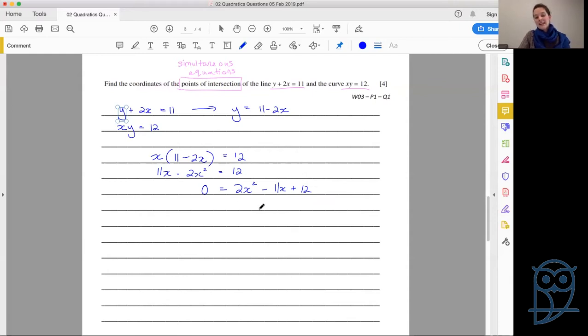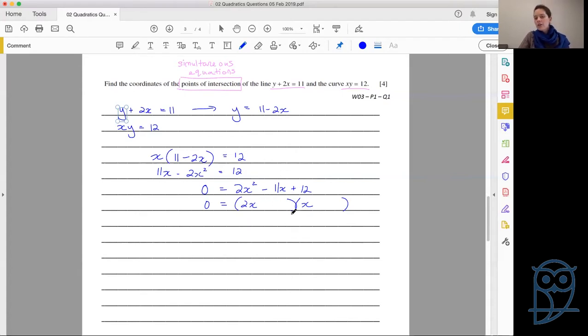Right, another quadratic. Chances are we can factorize again. Look, here we have our prime number as our coefficient of x squared. So 0 equals, this can only go 2x and x. Now we've got a 12 and we're working for an 11. 12 would not work. That's not going to give us any combination to get an 11. 6 and 2, again, we're working with a whole lot of even numbers, so we're not going to get towards that 11.